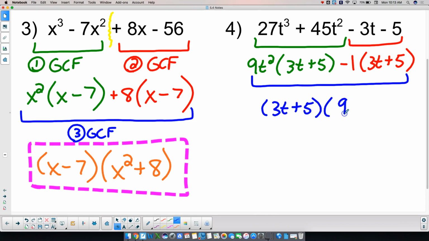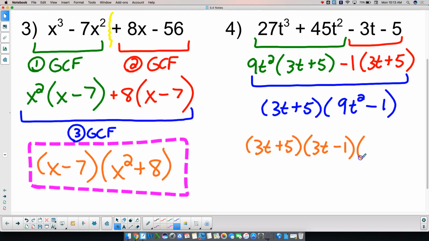And that leaves me with 9t squared minus 1. 9t squared is a perfect square. 1 is a perfect square. And it's a subtraction sign. So I can factor completely all the way down to 3t plus 5, 3t minus 1, 3t plus 1.